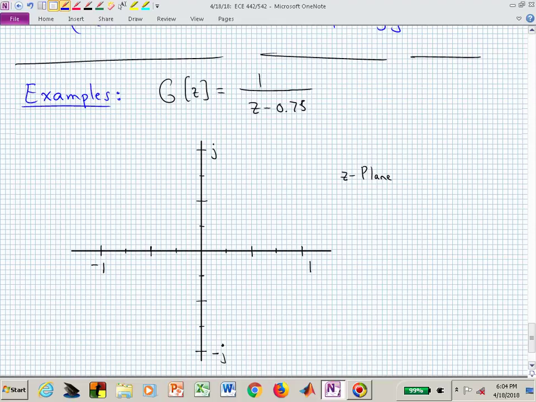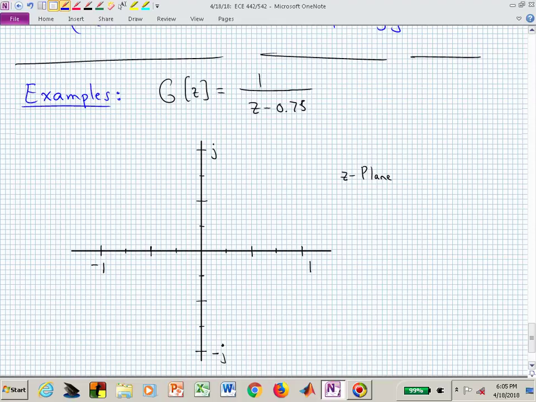How could you now help them if they've laid a z-plane in front of you and they say, can you come play with me? I have G of z equal to 1 over z minus 3/4. What are they wanting you to do? If you were playing checkers or tic-tac-toe, you would put an X somewhere, wouldn't you?